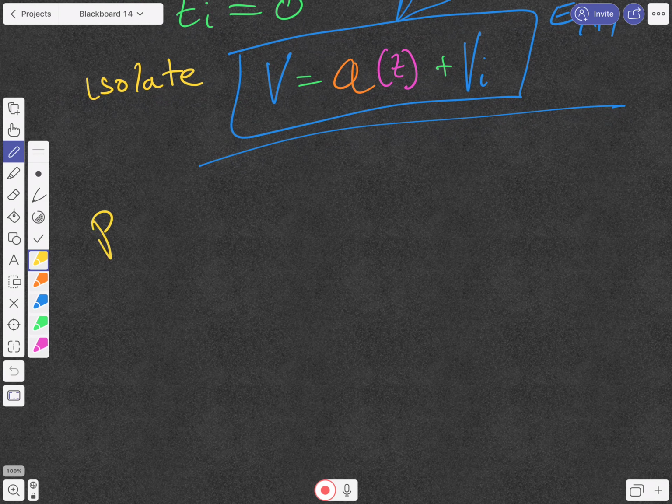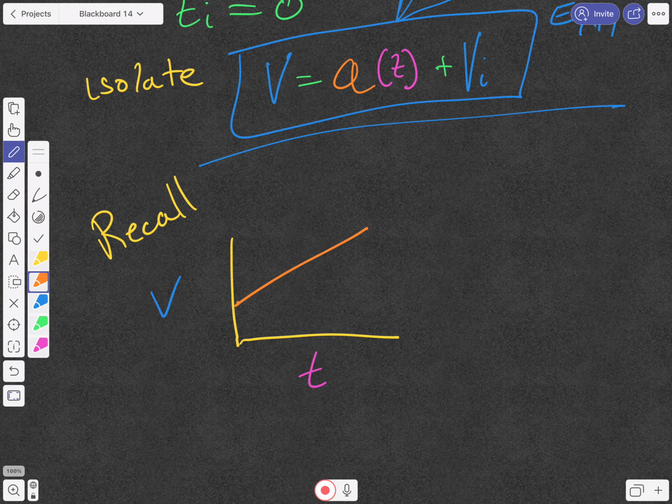So now again, recall, if we have our velocity time graph, and we have our line start from here, this part here is our v initial.